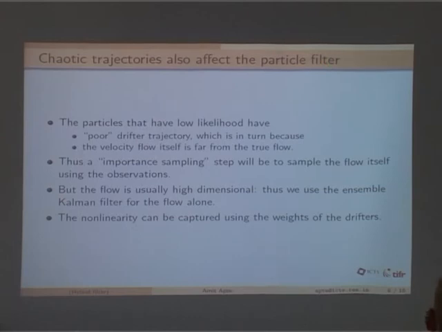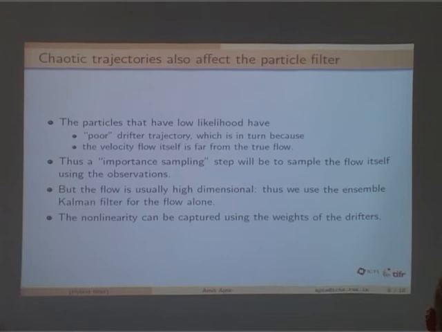Basically Elaine was working on a similar type of system, not this system exactly, the two-point vortex model and so on. But effectively what happens is the particles which have low likelihood are the particles for which the drifter trajectory is poor, it goes somewhere far away from where the observation is, which in turn is because the velocity flow itself is far from the true flow.